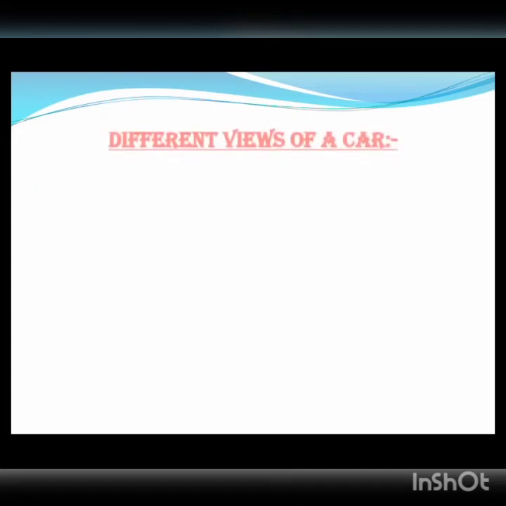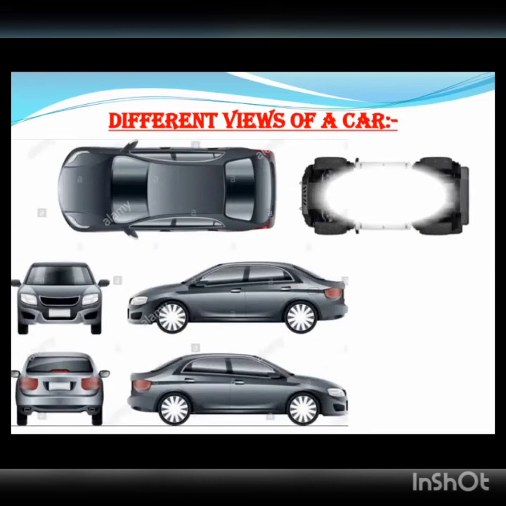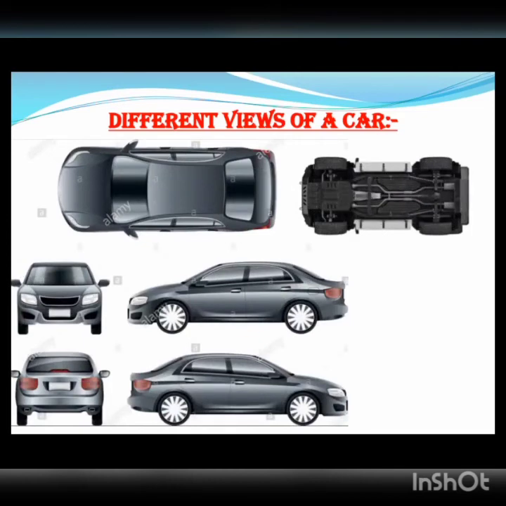Now, let's do one activity. Different views of a car. Here, we have to mark the name of the view. Now, just look at the pictures of a car. Now, tell me which type of view does the first picture represent? Any guesses? Okay, think about it.